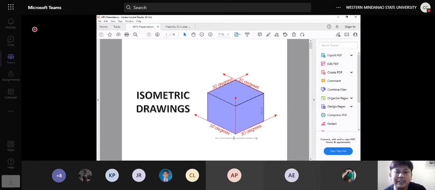And in this case, this side is also 30 degrees with respect to the horizontal. So for isometric drawing, we need this angle of inclination of 30 degrees with respect to the horizontal, in order for our model to look 3D. Although it is not really 3D, when we look at it, it seems like the objects are 3D using isometric drawing.